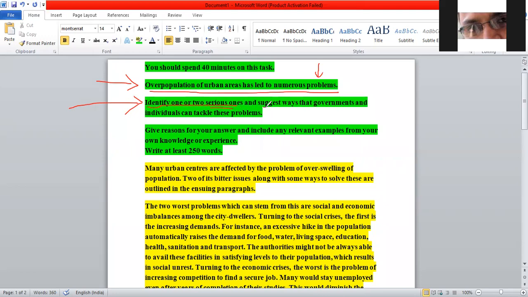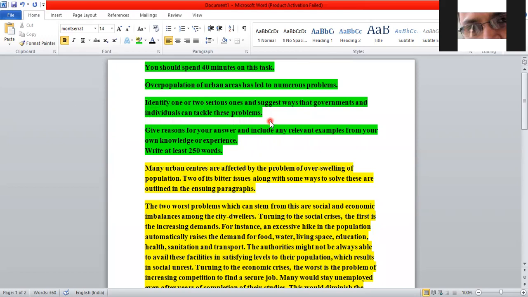Identify one or two serious problems. The second question here is suggest ways that governments and individuals can tackle these problems. In what ways can governments and individuals tackle these problems? This is what the second question is. So we do have two questions there. The first question is identify one or two serious problems that overpopulation in cities can cause.